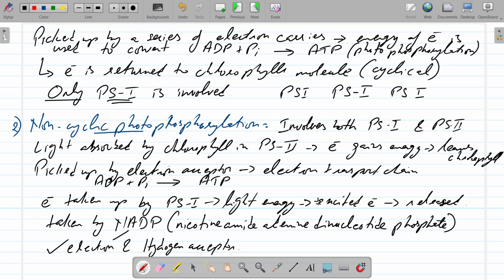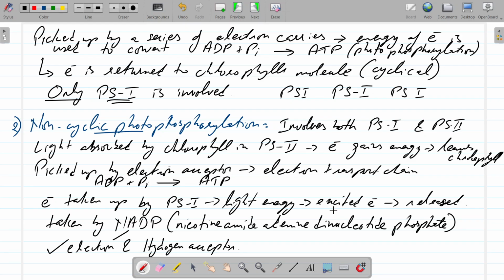The electron released from photosystem 1 is taken up by NADP. Now it's one electron short. Where does it get that electron back from? It gets it from the electron released by photosystem 2, which travels the electron transport chain and is taken up by photosystem 1. So it gains back the electron, becomes stable and complete again.